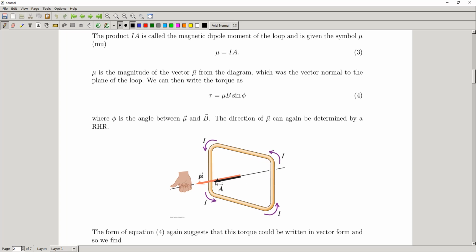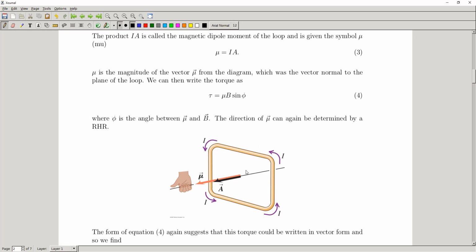This area vector is going to be scaled by I, right? Because mu is IA, so assuming I is greater than 1, it'll be a little bit longer. And our right-hand rule is going to determine which direction this is pointing. So it's not a situation where it could point back in this direction. It can only point in this one direction, because of the right-hand rule.